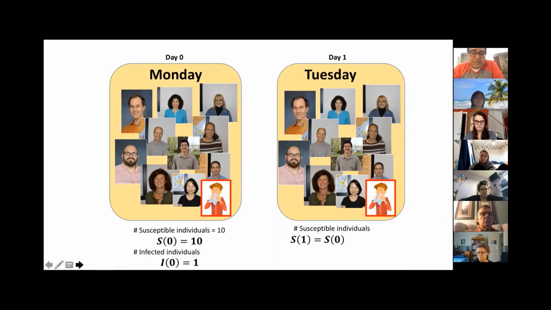So I'm going to express that using mathematical notation as S of 1 is equal to S of 0, right? The number of susceptible individuals at day 1 is the same. I also keep track of the number of infected individuals. And since this person has not transmitted the disease, the total number of infected individuals in this community also remains equal to what it was on day 0.